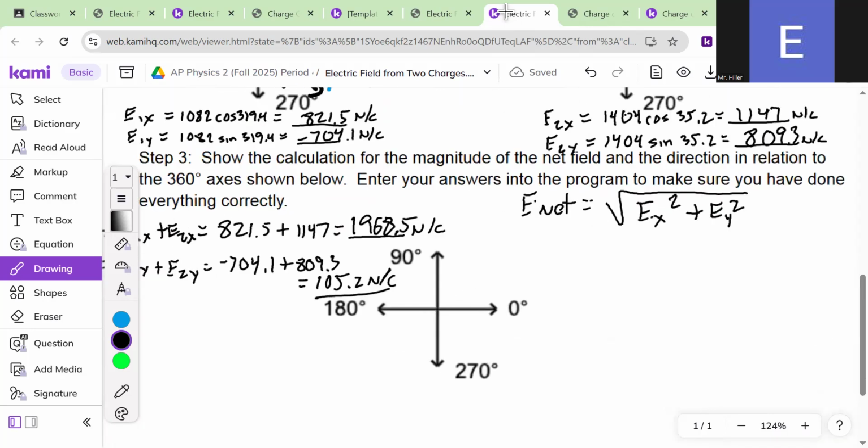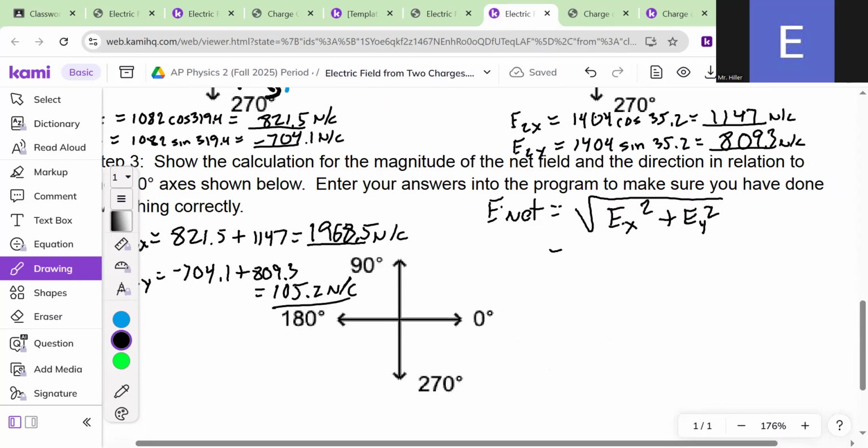We'll throw those into Pythagorean theorem. And we're going 1968.5 squared plus 105.2 squared.